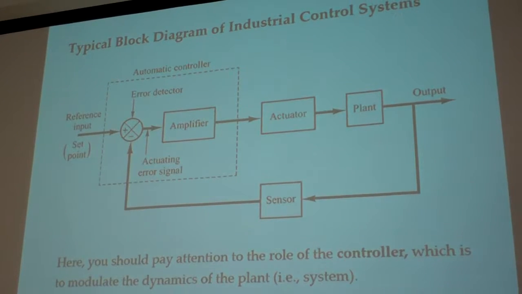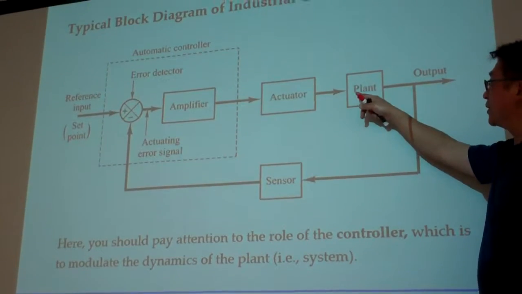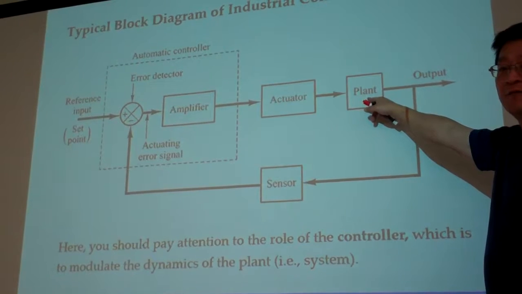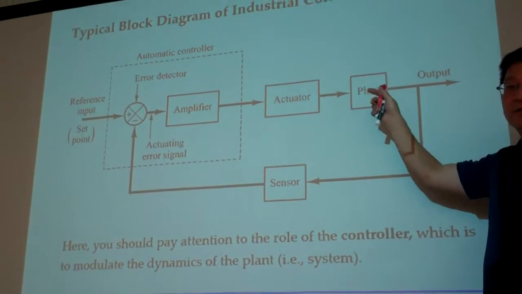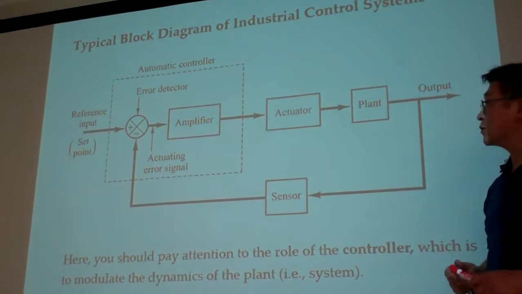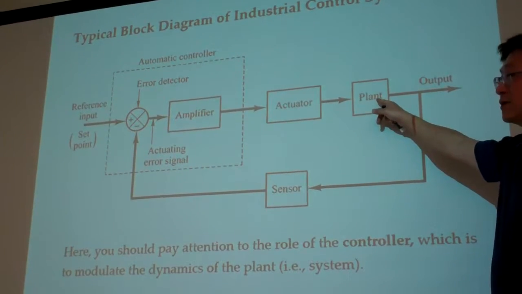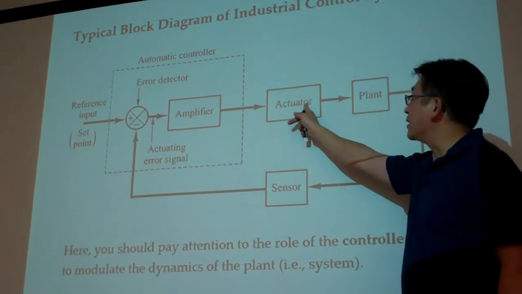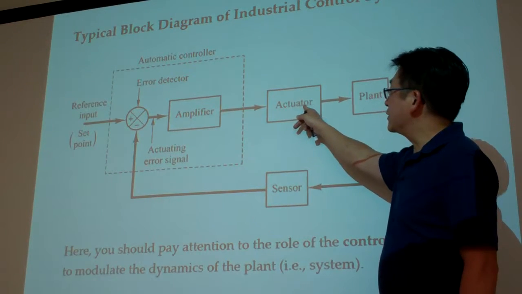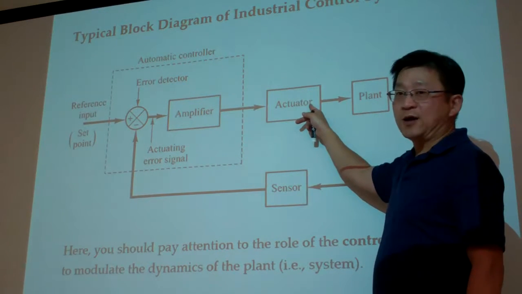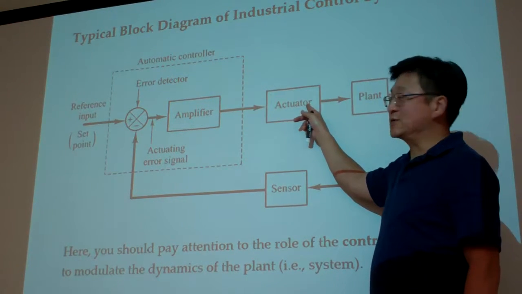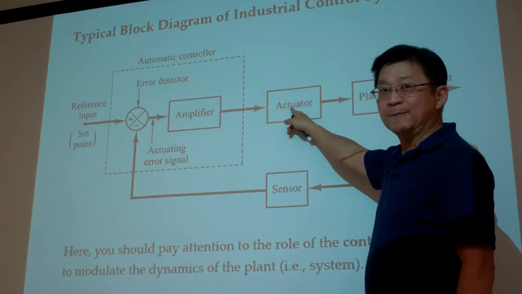For this, each system, each component, like motors, from our modeling and hopefully from reference to the textbook, you should be able to find the appropriate dynamics of the motors and put them here. Then you look at what kind of actuators you are using, either power electronics or any mechanical system, then you put the modeling here.